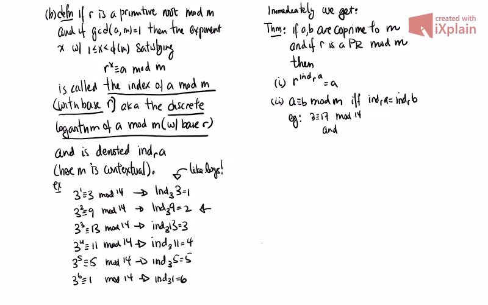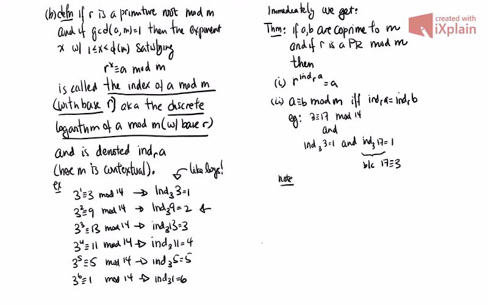The corresponding statement is that the index base 3 of 3 is 1, and the index base 3 of 17 is 1. This is simply because 17 is the same as 3. In other words, what do you raise 3 to get 17? Well, the same thing that you raise it to get 3, because 3 and 17 are the same.